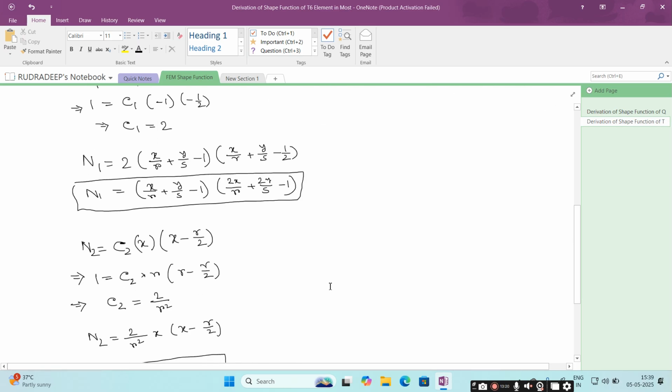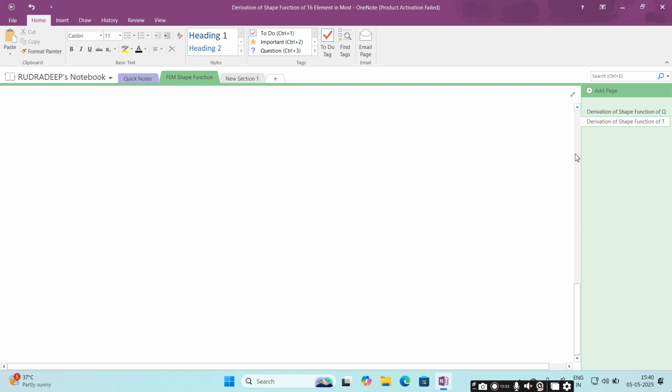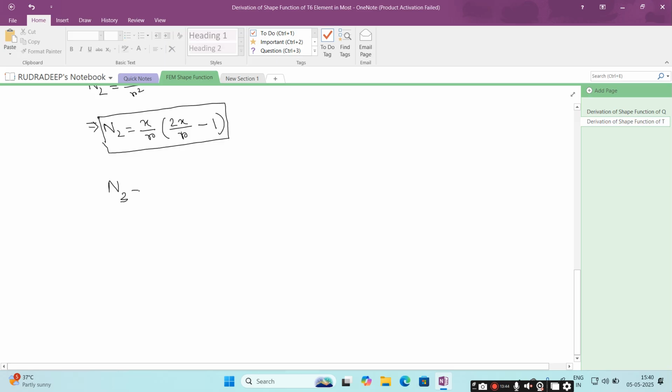So if we change x with y and r with s, we will get the shape function for node number 3. We can directly write that, or else calculate in the similar way. From the above analysis, the shape function for n3 would be y by s into 2y by s minus 1.